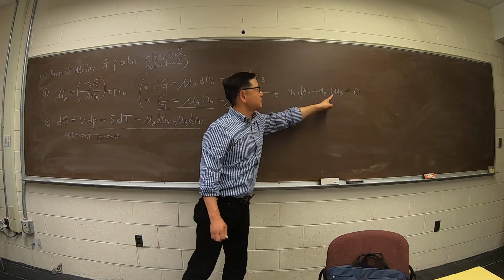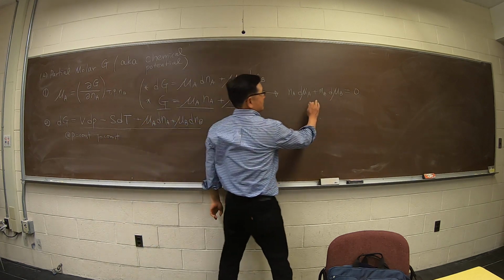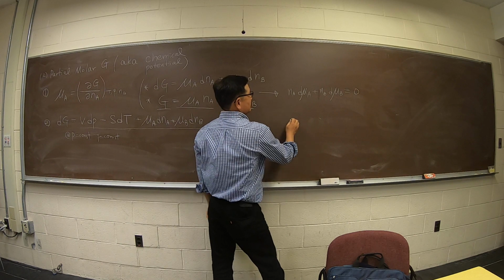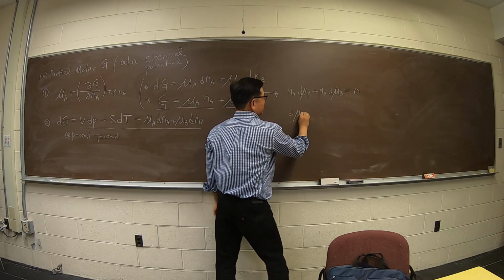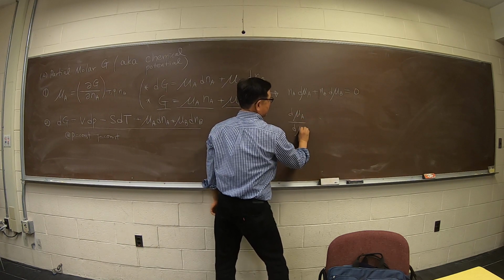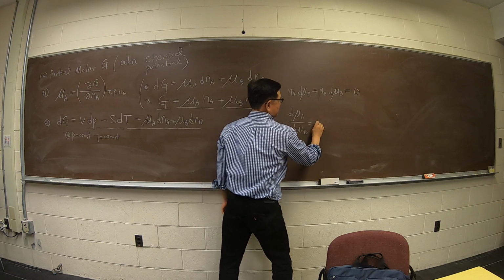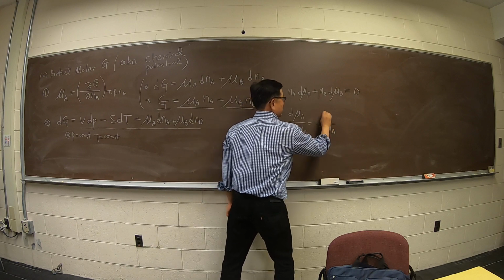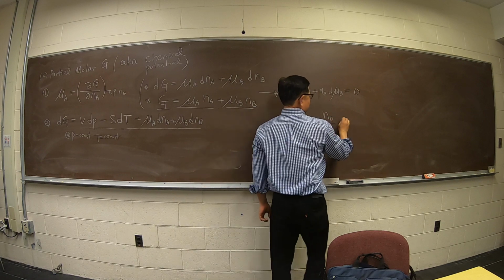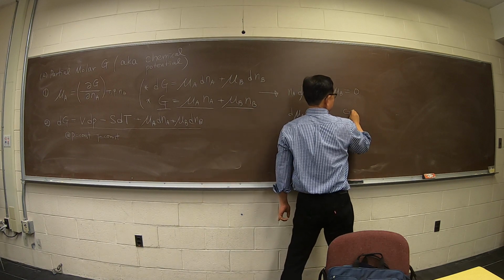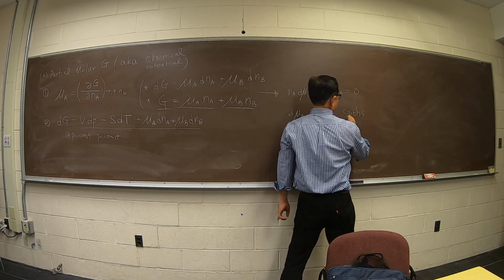So therefore, the same thing: NA d mu A plus NB d mu B equals 0, and it's called the Gibbs-Duhem equation.